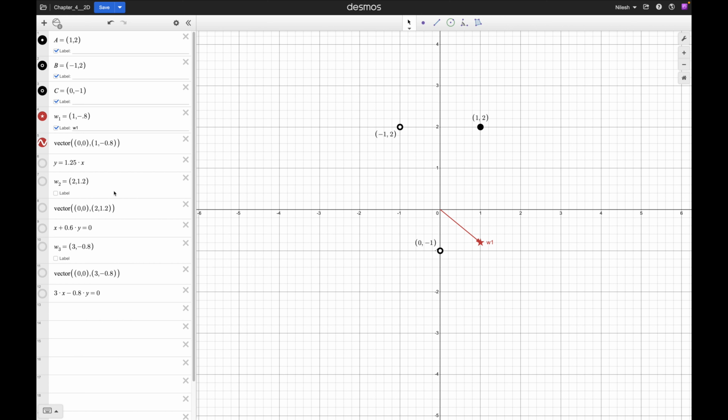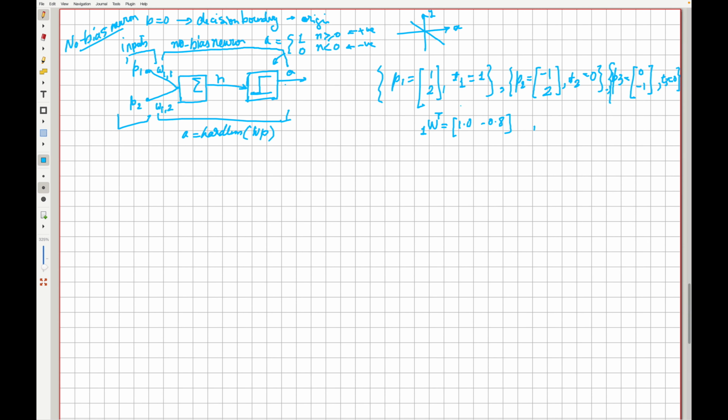And I'll put the links to all of these plots in the description below so you can play around with the plots as well. All right, so let's get started with the way we would calculate the decision boundary, but this time there is one twist and I'll explain what that is.